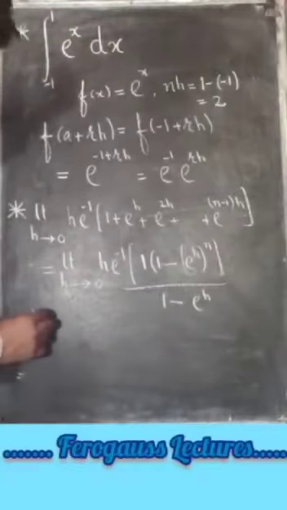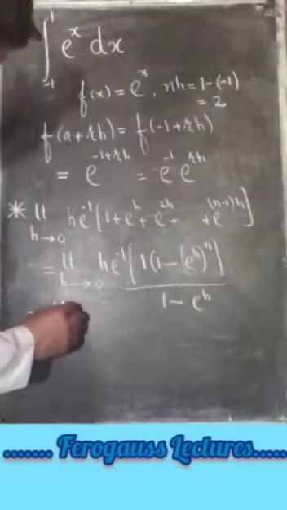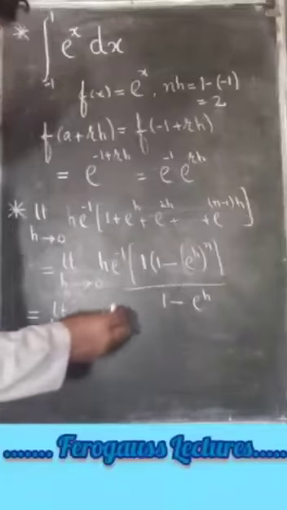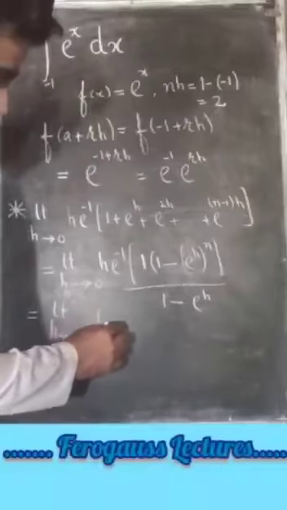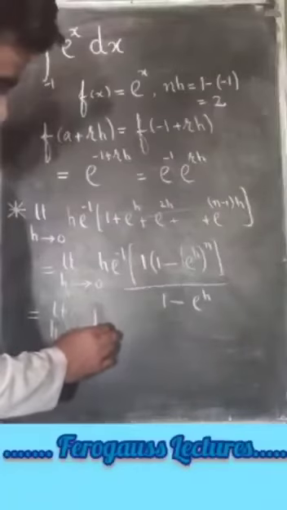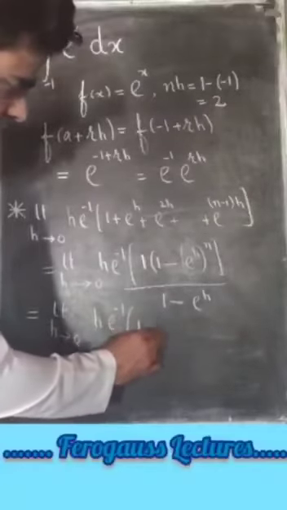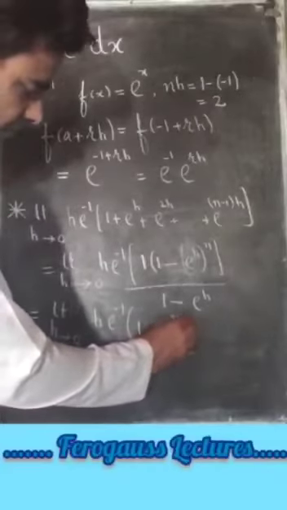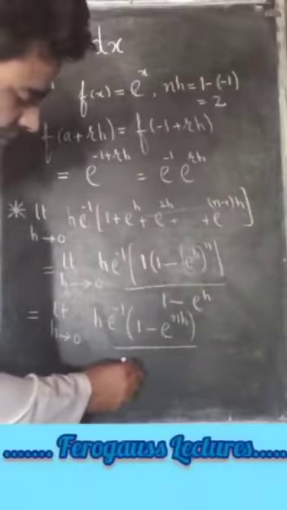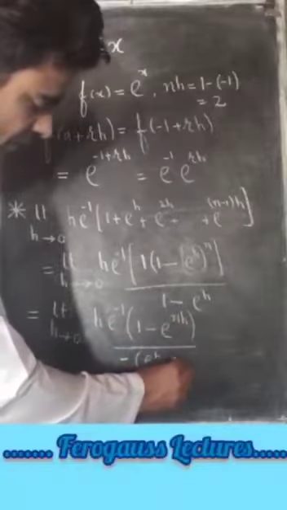Now that is further equal to limit h tends to 0 h times e raised to power minus 1, it's 1 minus e raised to power nh divided by, now take minus common, so we can write minus times e raised to power h minus 1.